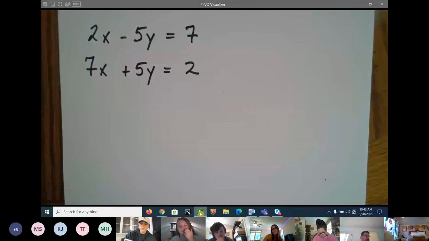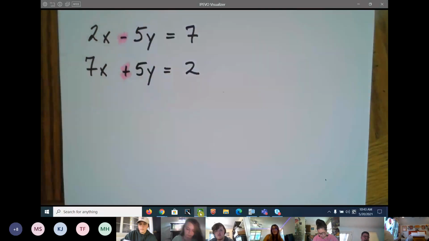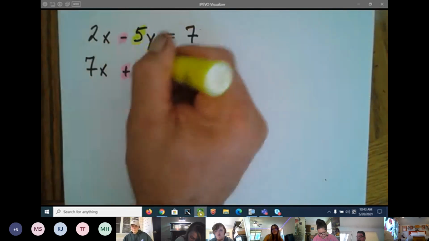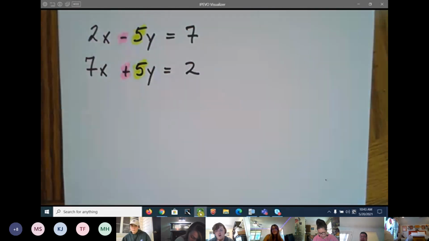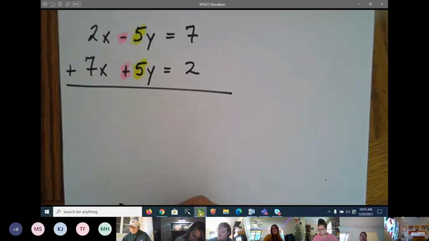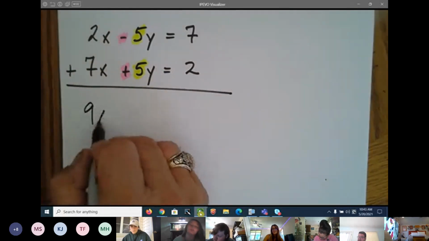You want to look for opposite signs and equal coefficients. This one has both, so you don't have to do any work. All you got to do is just start eliminating. So you got to add the 2 together. And 2x plus 7x is 9x.